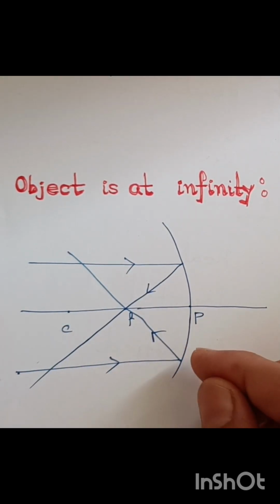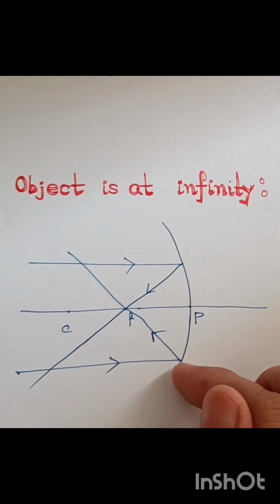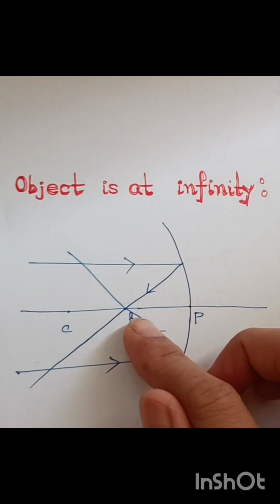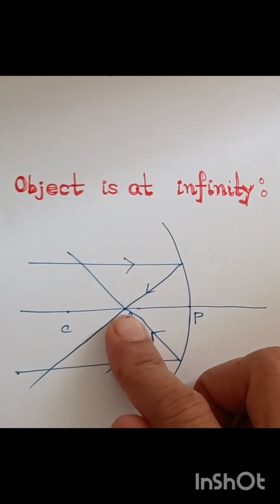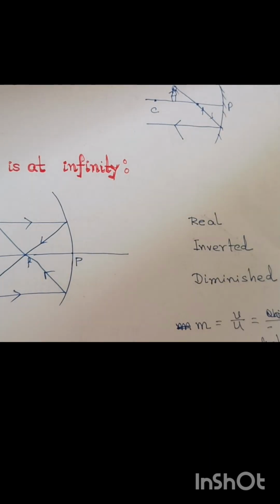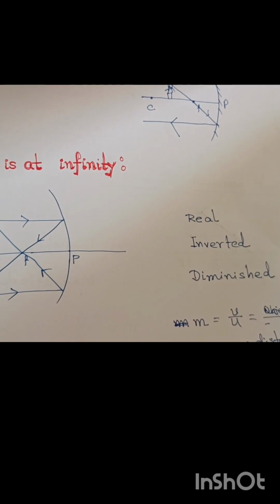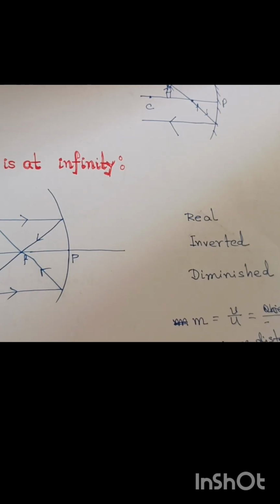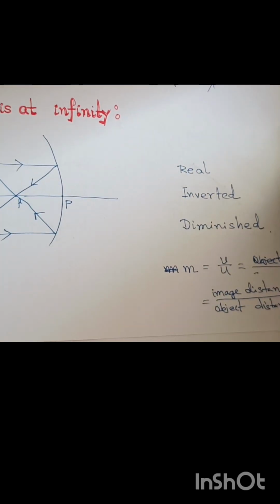So the image will form at F. Always the parallel rays after reflection go through F. So the rays are meeting at F. The image is formed at F, and the rays are meeting in front of the mirror. So the image will be real and under the principal axis. So the image will be inverted and diminished.